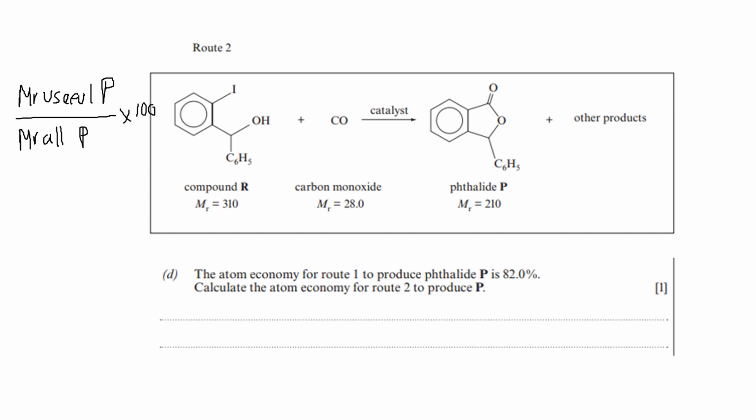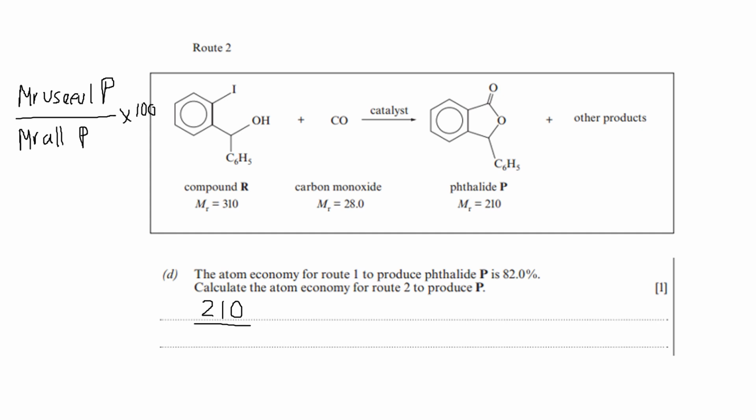So the useful product is the phthalide P here, which has an MR of 210. To work out the molecular mass of all the products, we don't know what the other products are. However, we know the molecular mass of all the reactants. And because atoms can't be created or destroyed in a chemical reaction, the molecular mass of all the products must equal the molecular mass of all the reactants.